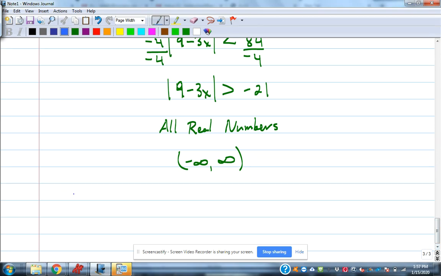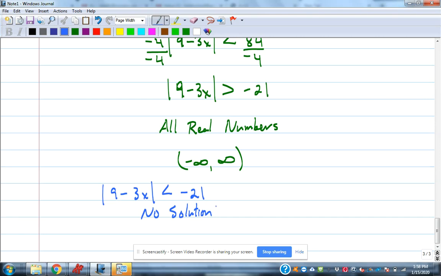If it turned out to be this, can an absolute value ever be less than a negative? No, because they're always positive. So if that were the situation, it would be no solution, because your absolute value is always going to be a positive number, so there's no way that it's less than a negative number.